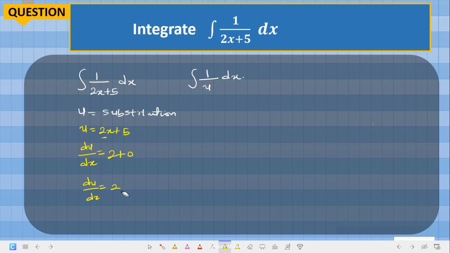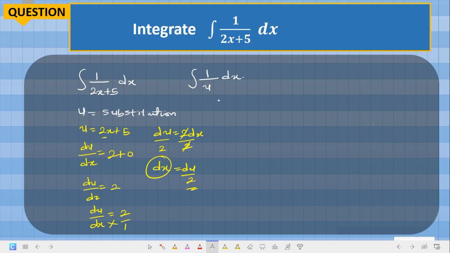Yes, we can, knowing that du over dx is equal to 2. This is over 1. Cross multiply, 1 times du will give us du is equal to 2 dx. Now to get dx, divide both sides by 2. 2 cancels 2. dx is du over 2. So in place of dx we can put du over 2.